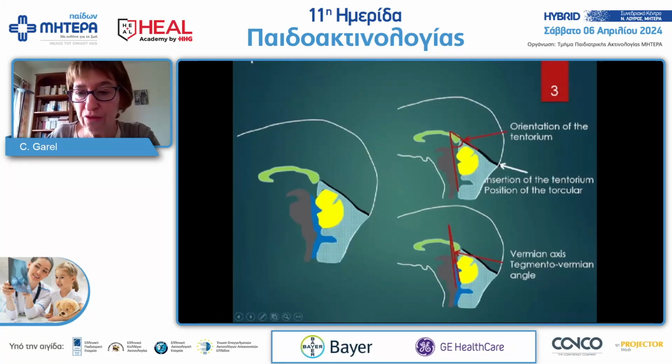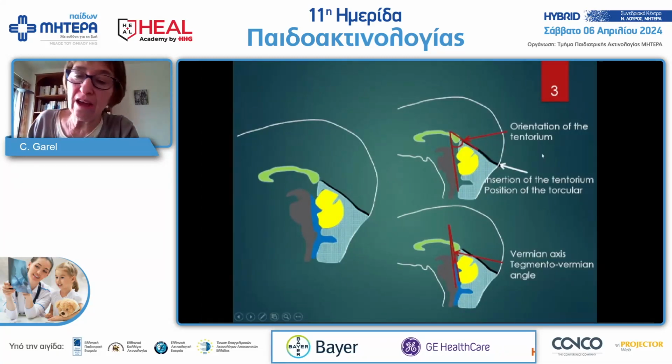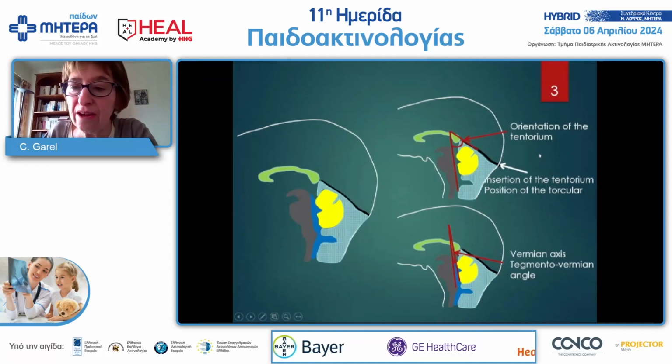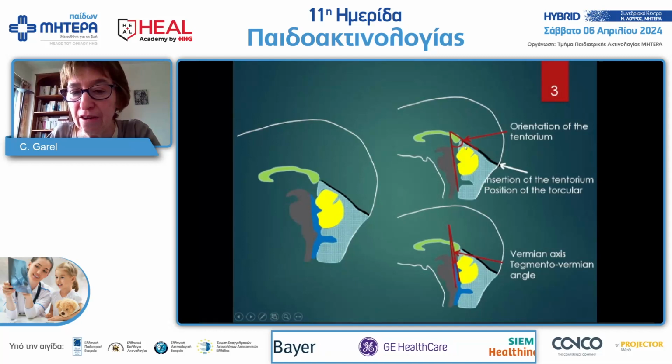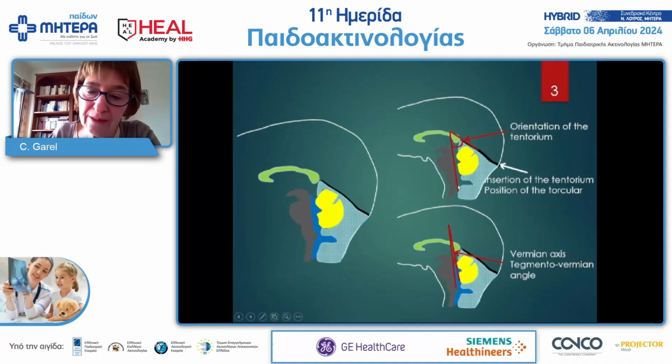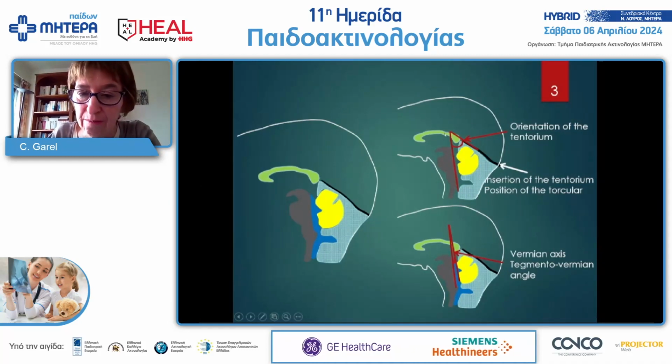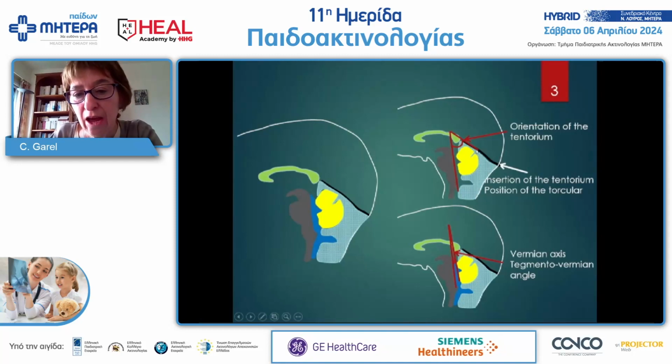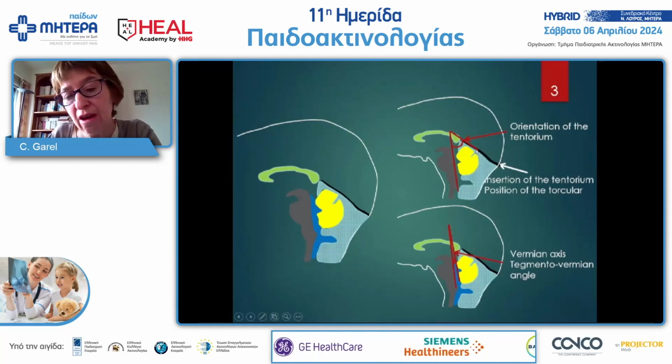First, I want to just start with some definitions. The orientation of the tentorium is the angle between this line at the posterior part of the tegmentum and this line at the proximal part of the tentorium.